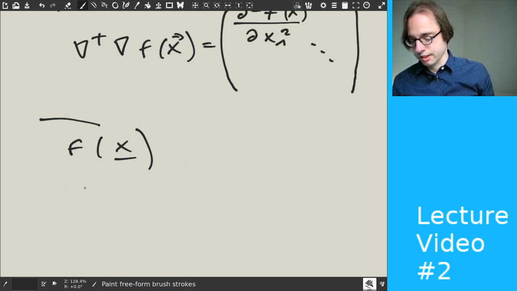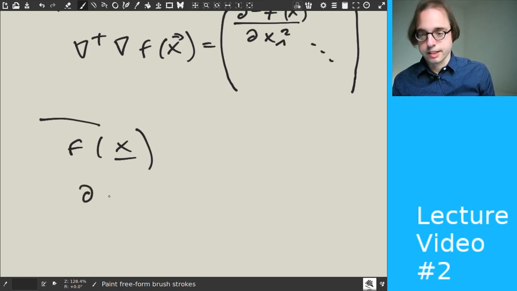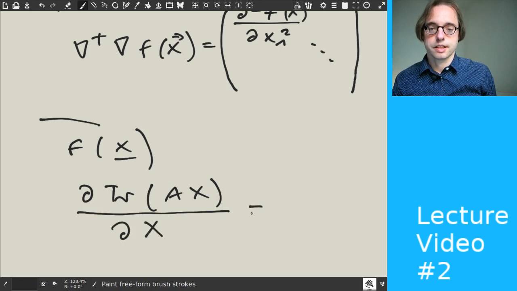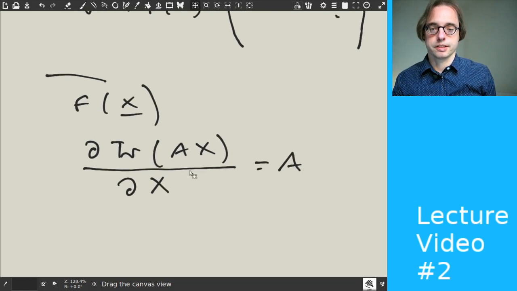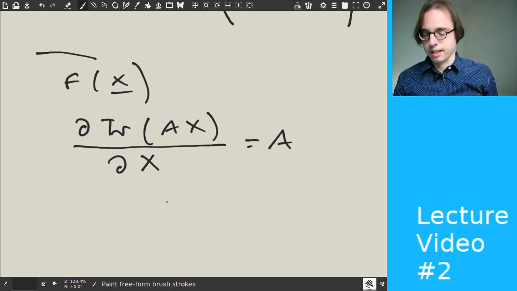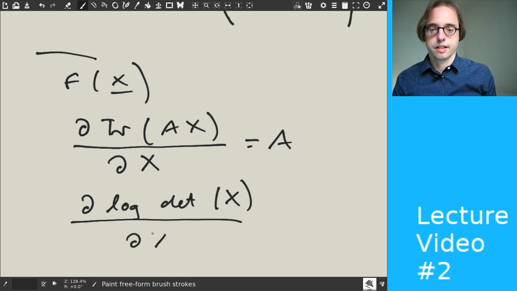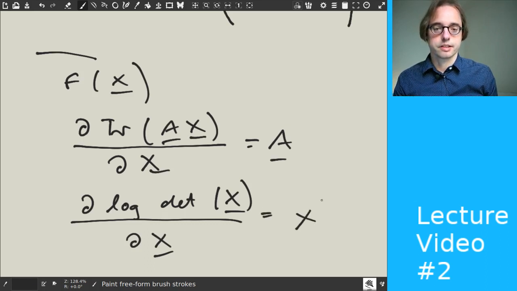But you can, for instance, take the matrix derivative of the trace of the product A times X, where these are both matrices, and this is simply A. Another example would be the derivative of log det of X. This is again a matrix, so these are all matrices, that's the important thing, and this turns out to be just the inverse of X. So these are the rules for matrix derivatives.